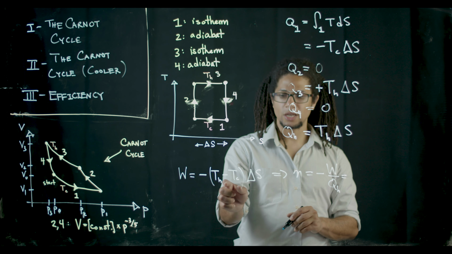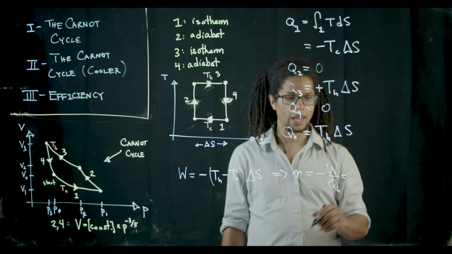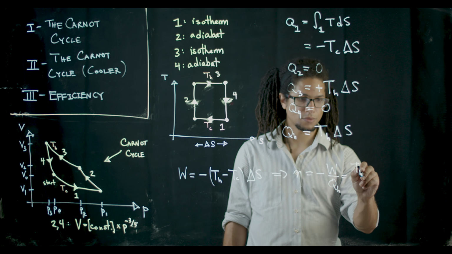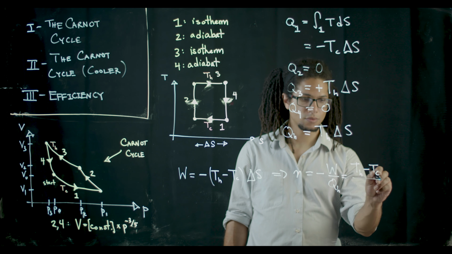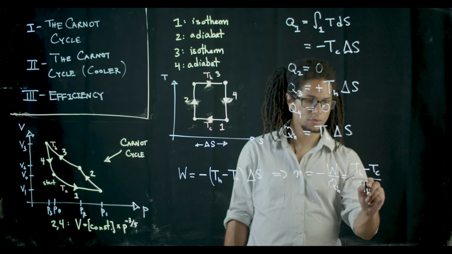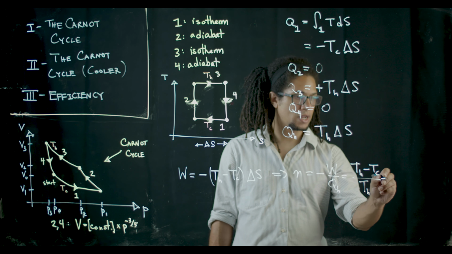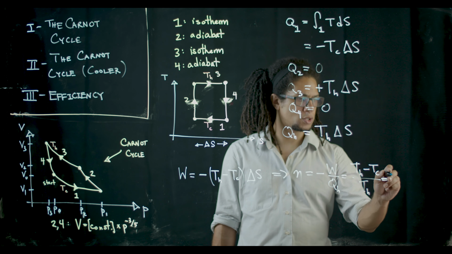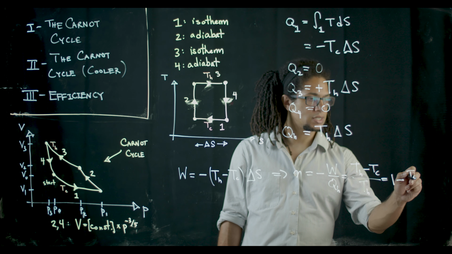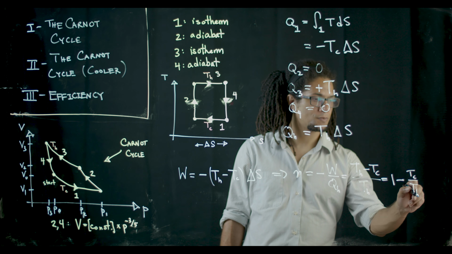We'll just get TH minus TC over TH. Or maybe written in a more approachable way, 1 minus TC over TH.